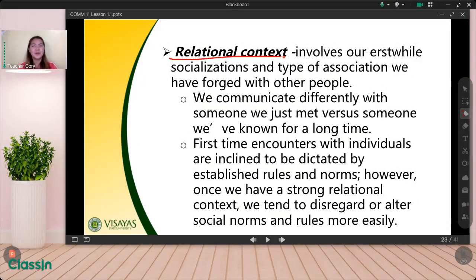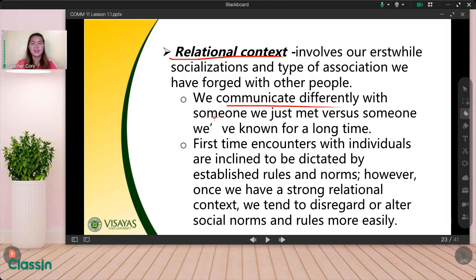So what is this referring to? This involves our erstwhile socializations and the type of association we have forged with other people. We communicate differently with someone we just met versus someone we have known for a long time.